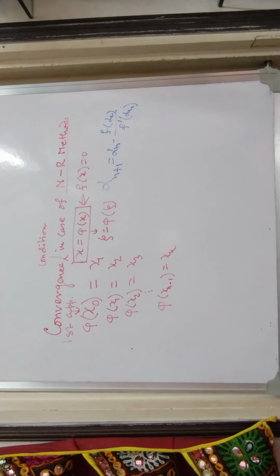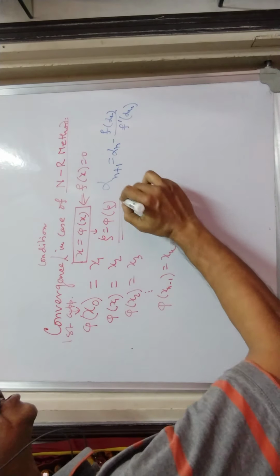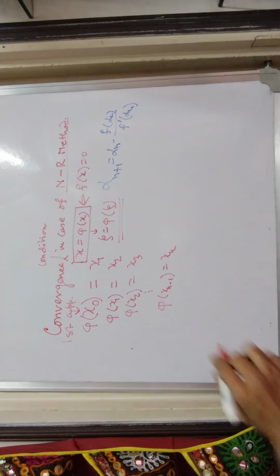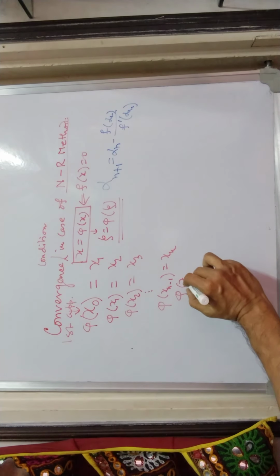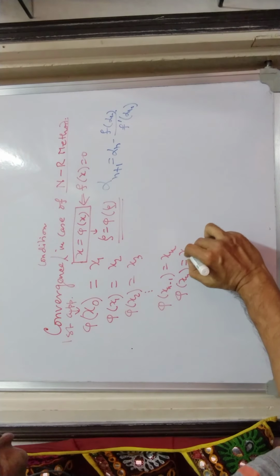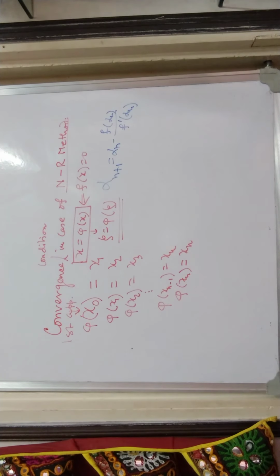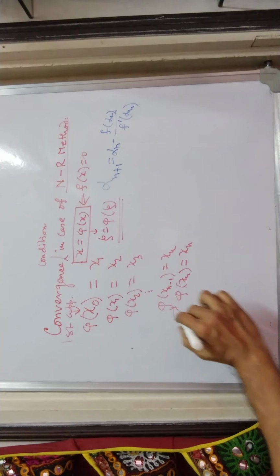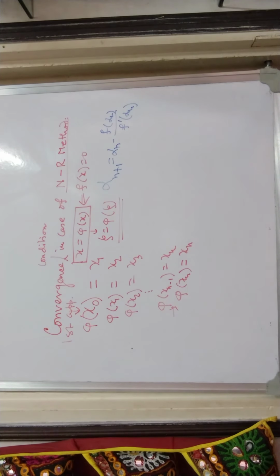What does it mean? That we have found the root for which we have zeta equal to phi(zeta). So if we put phi(xn) here, it will give us xn only, not xn plus 1. So that is why it converges here. That is the basic concept. Okay.